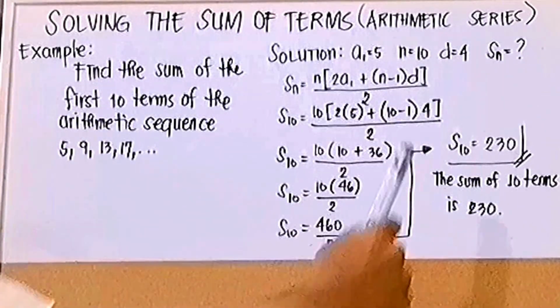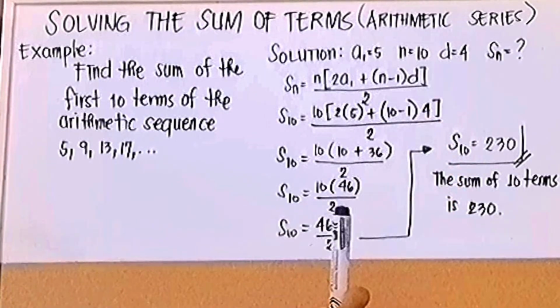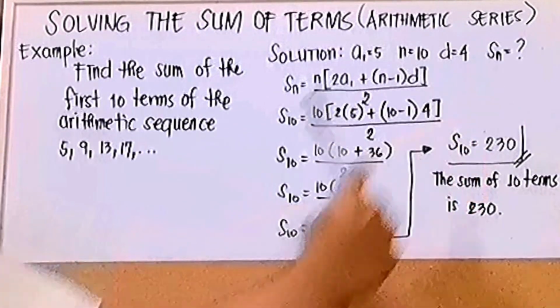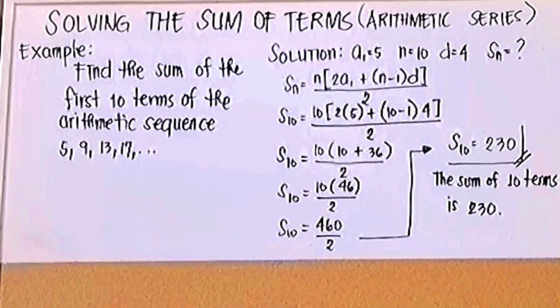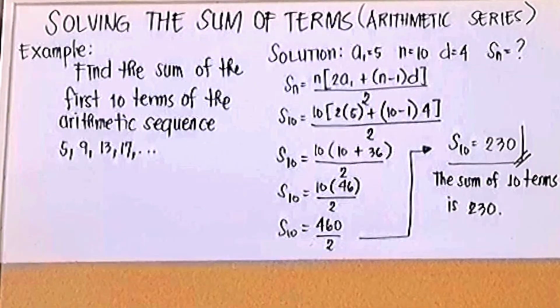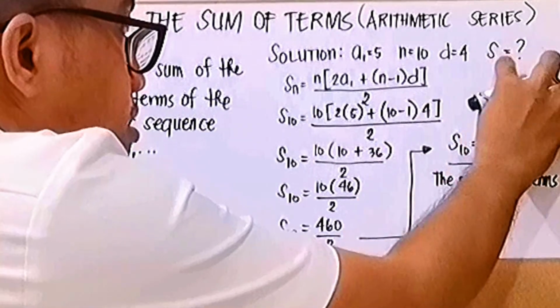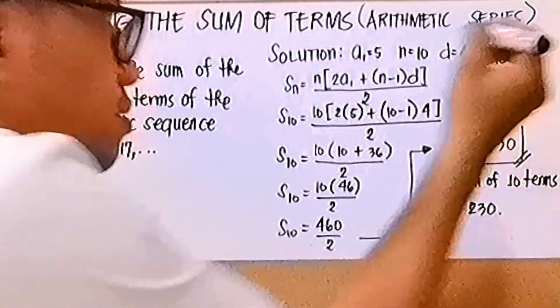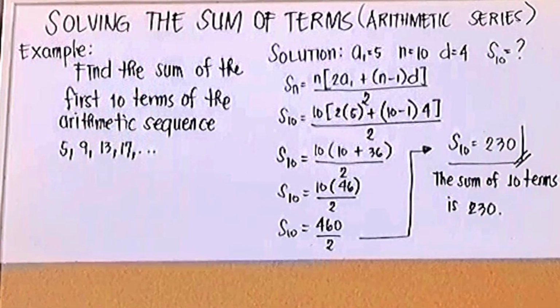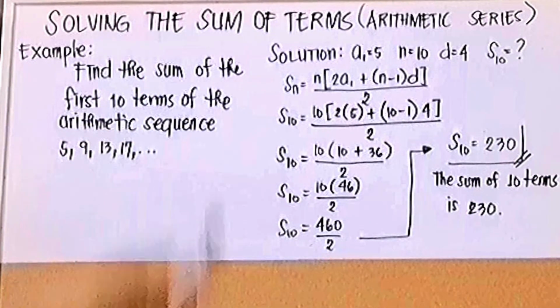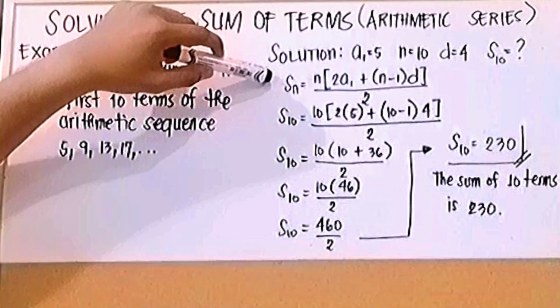The number of terms is 10, while the common difference is 4. And the sum of the 10 terms is still unknown. So, again, write the formula.